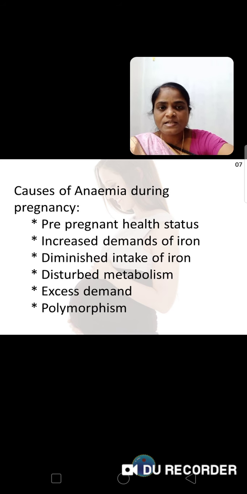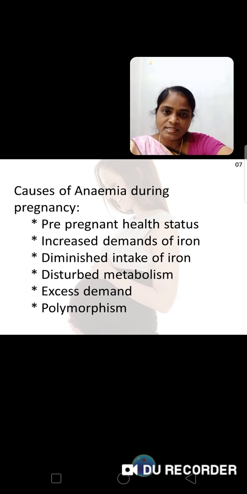Pre-pregnant health status also includes age before 21 years, the end of the teenage years, before complete development of the female reproductive system. If the female gets pregnant, it may affect all the systems, so anemia is also one of the reasons due to pre-pregnant health status.